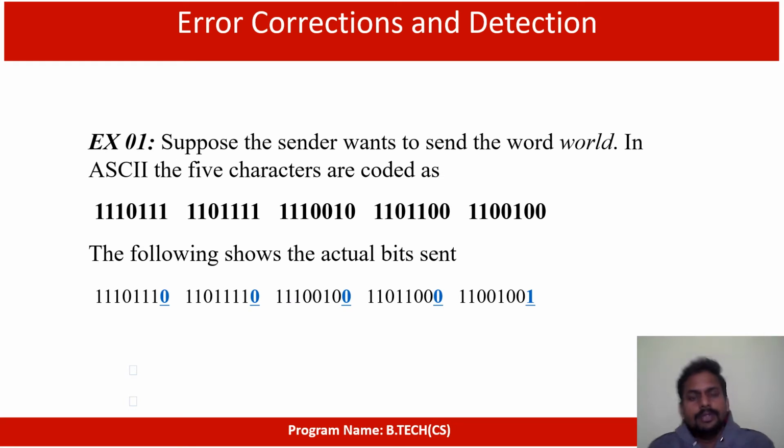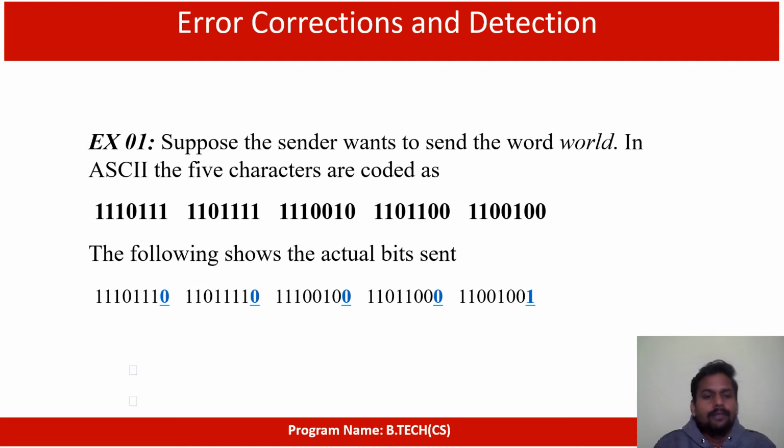Okay, so you see here, I have given one example for understanding even parity and odd parity concepts. Suppose the sender wants to send the word WORLD. In ASCII the five characters are coded as shown. All these five characters are converted into binary values from the ASCII value. First they take the ASCII value for each and every character, then from the ASCII value they convert into binary. Now you see, in each and every place we have to count the number of ones.